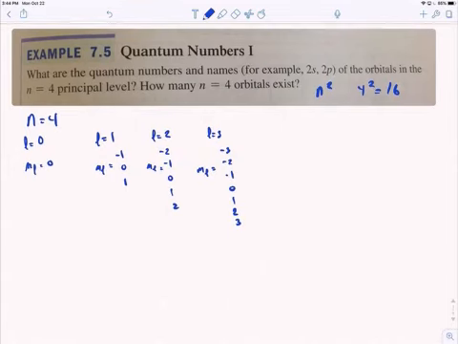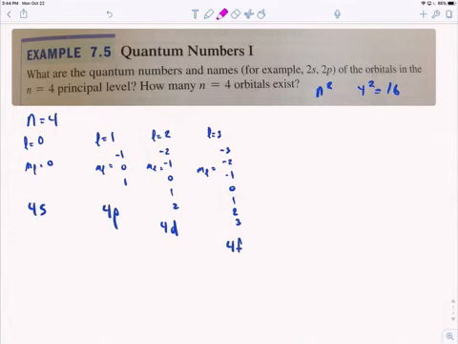So the names of these orbitals: this is the 4s orbital. That's when L equals 0, and you have the 4 as the principal quantum number. This would be the 4p orbitals, this would be the 4d orbitals, and this would be the 4f orbitals.